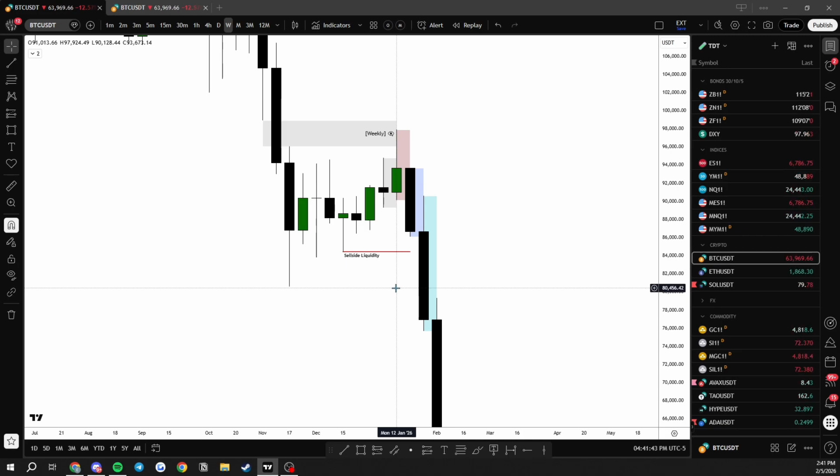Think of it very simply as: where is price drawing to? If I say this is the draw on liquidity, then price is drawing to this low, right? When candle 3 expands but does not hit our draw on liquidity yet, I can expect that candle 4 also is going to expand, because our key level, our draw on liquidity, hasn't been hit yet.